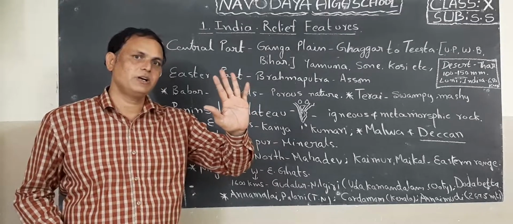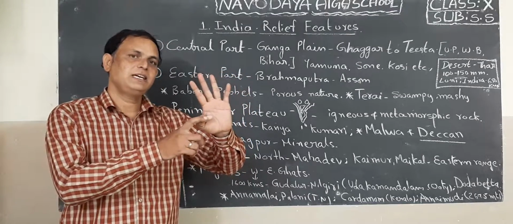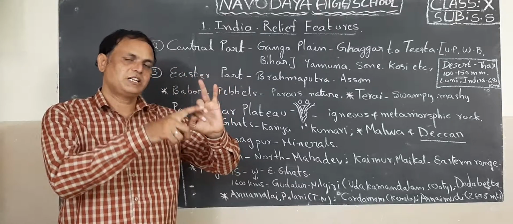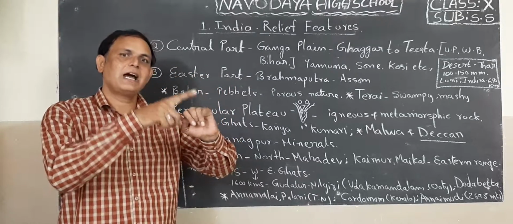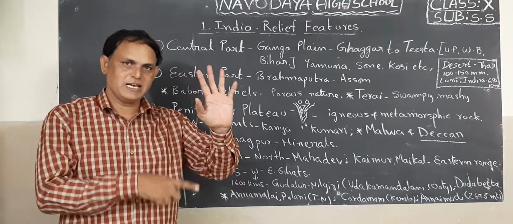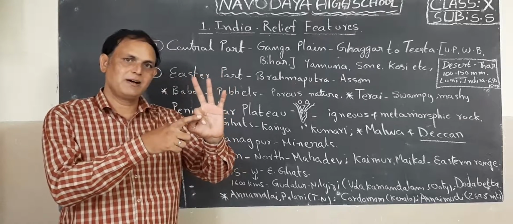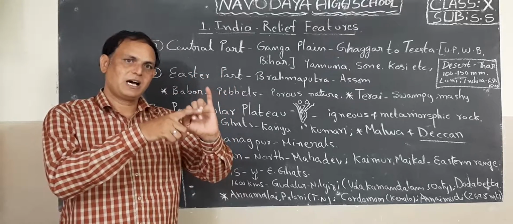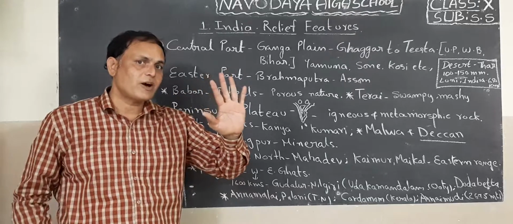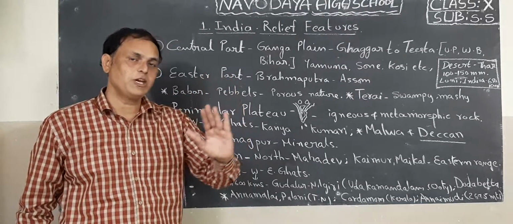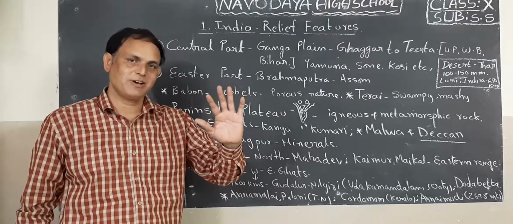What are they? Ravi, Jhelum, Chenab, Satluj, and Beas. I repeat once again: Ravi, Jhelum, Chenab, Beas, and Satluj. These 5 tributaries belong to the Indus River.